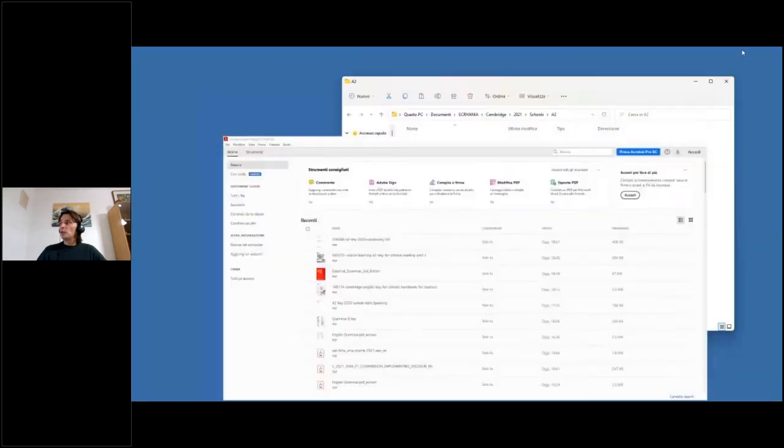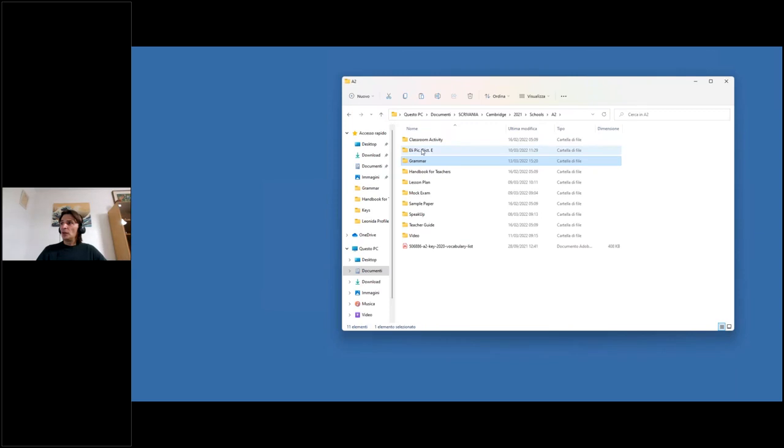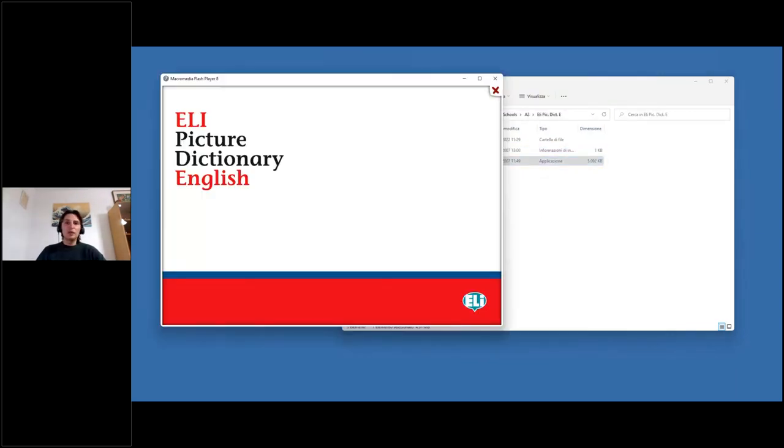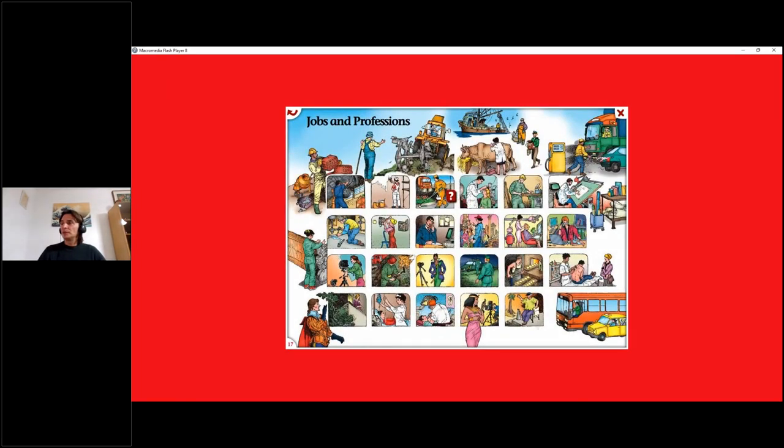Remember, I also gave you this picture book that you can also use to practice. Picture Dictionary. English. Jobs and professions. Street cleaner. Optician. Journalist. Baker. Policeman. Model.